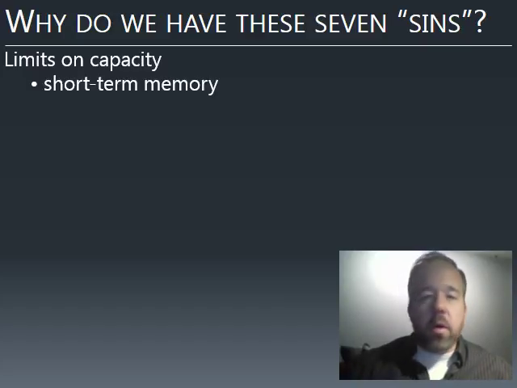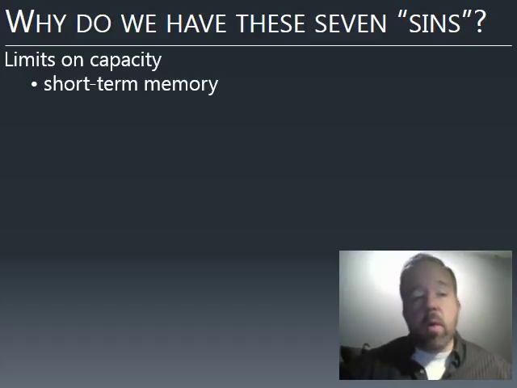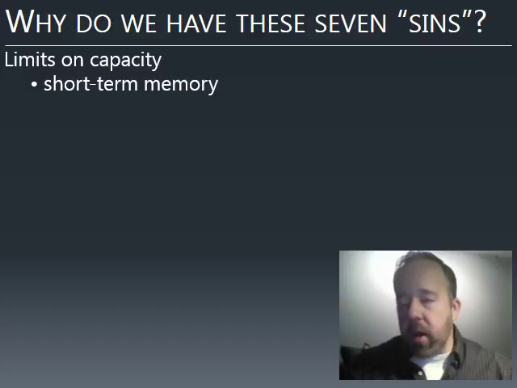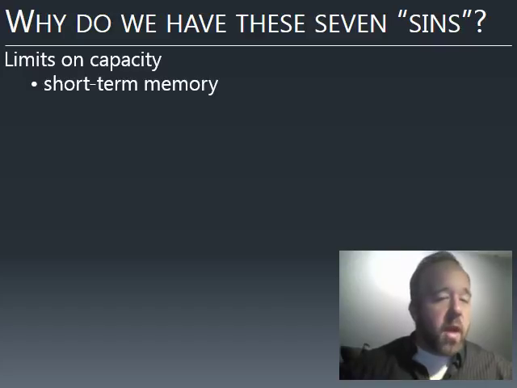We have to be a little more selective about what we're going to remember and what we're not, because we can't hold everything in short-term memory. And so when we forget certain pieces of information, it may be that those pieces of information didn't get to long-term memory, or perhaps they did, but we have difficulty retrieving them later because we have bottlenecks in our capacity.